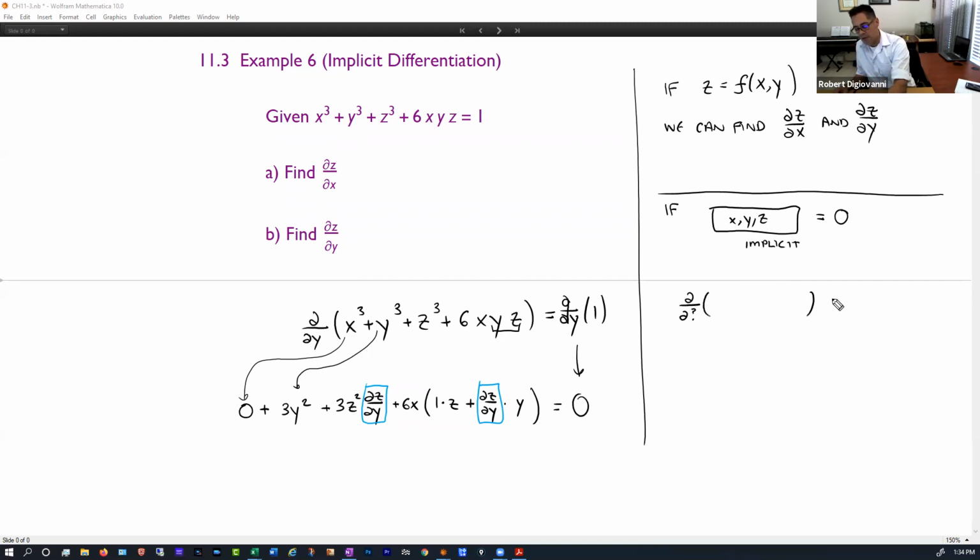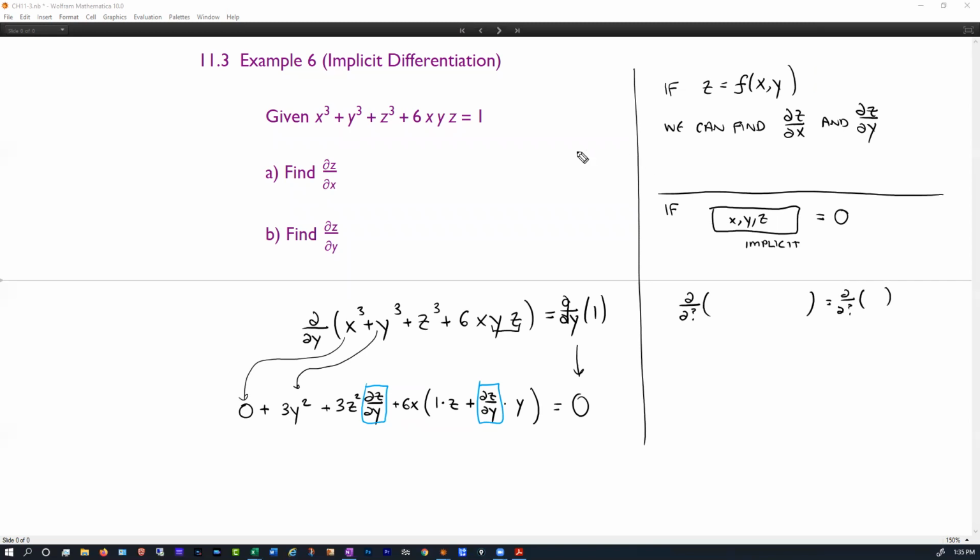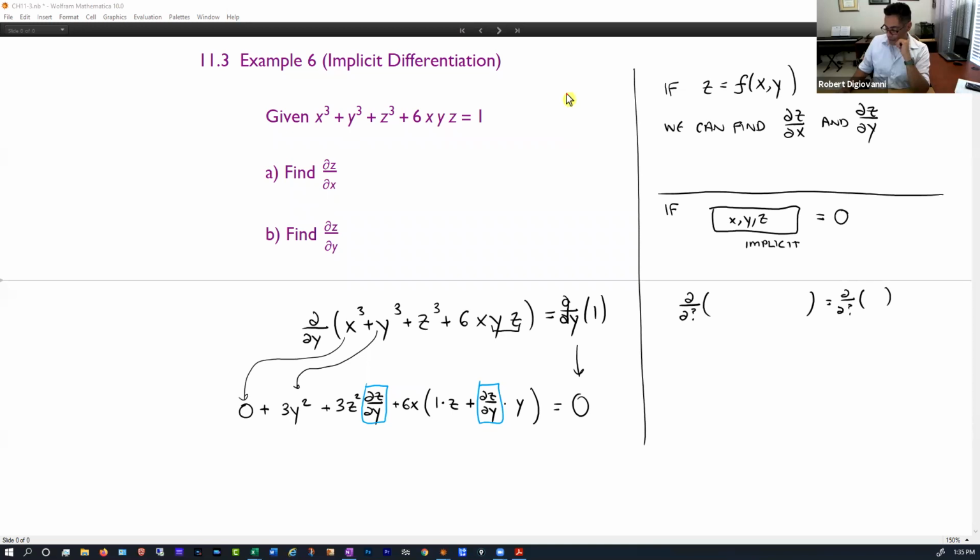We'll do it on one side of the equation, and we'll do it on the other side. It depends what we're taking the partial with respect to, x or y. Does that make sense? Yes. Okay, so that's pretty much it for that.